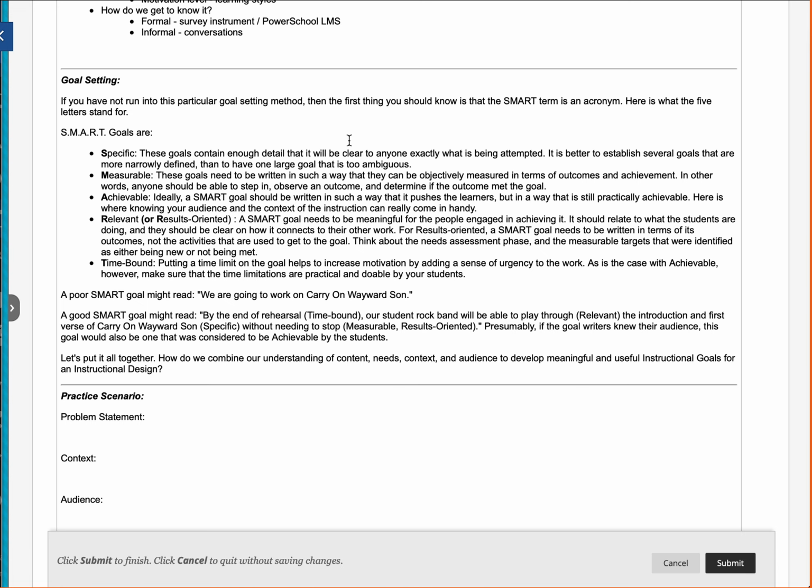All right, let's shift gears a little bit to goal setting, which for this first phase of instructional design is the end zone, the goal line for all of this. We've done all of this analysis work.